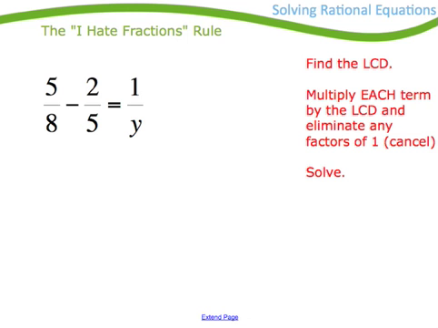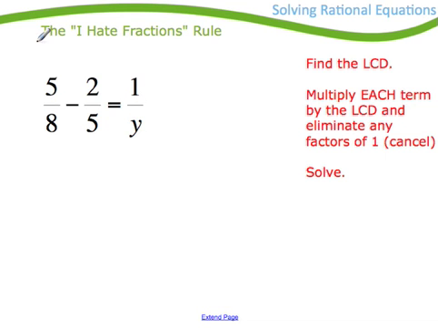Okay, somebody came up with a name for this, and I'm not sure what it's called in the book, but I guess it goes back to that factor of one kind of idea. Anyway, it's called the I hate fractions rule. I like the name of that. If I look at this equation and I see a y on the bottom and I have to solve this, I'm immediately going, oh, great.